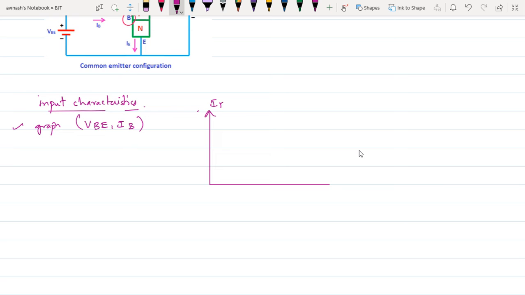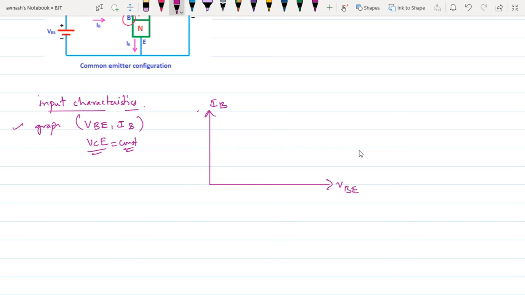So this will be IB, and this will be VBE. If you plot these two graphs, what should be kept constant here? VCE should be kept constant. Under the constant VCE voltage, VBE and IB parameters are varying.